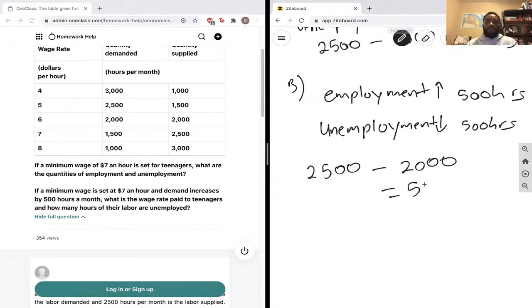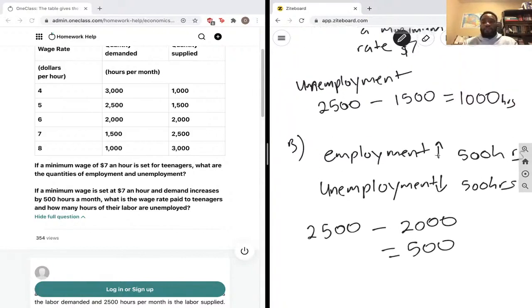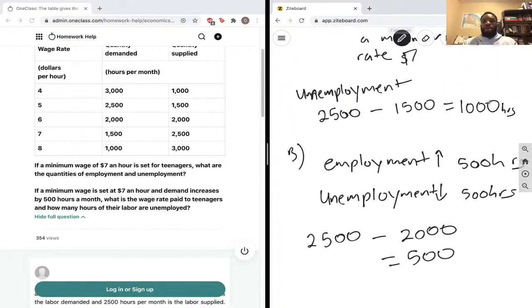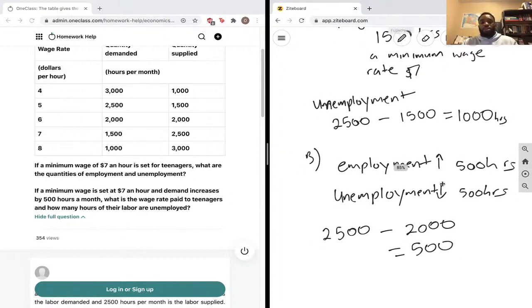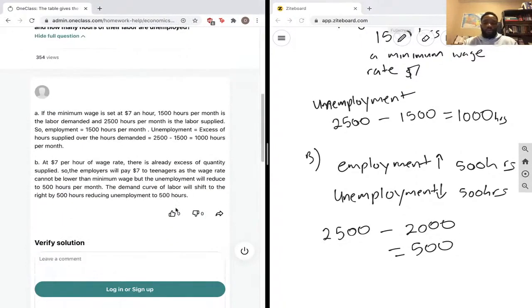Subtract that, it's 500. And the difference between the 500 hours of unemployment and the 1,000 hours of unemployment previously is 500, and it's going down from 1,000 to 500, so it's a decrease in unemployment. And employment is increasing because it was 1,500 before, and now it's 2,000. It increased by 500. So this is correct.